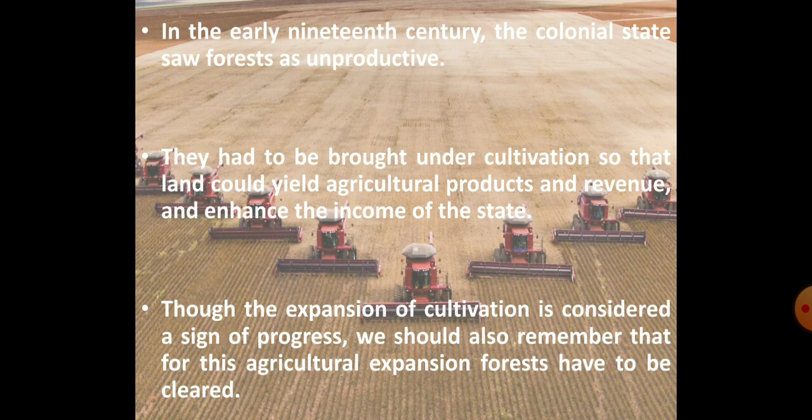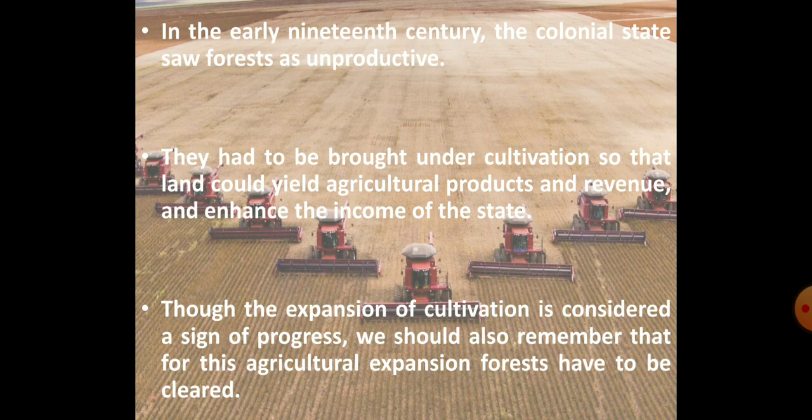Now, the second reason for rapid expansion of cultivation: in the early 19th century, the colonial state considered the forests as unproductive and therefore they should be brought under cultivation, so that the land could yield agricultural products and revenue and enhance the income of the state.